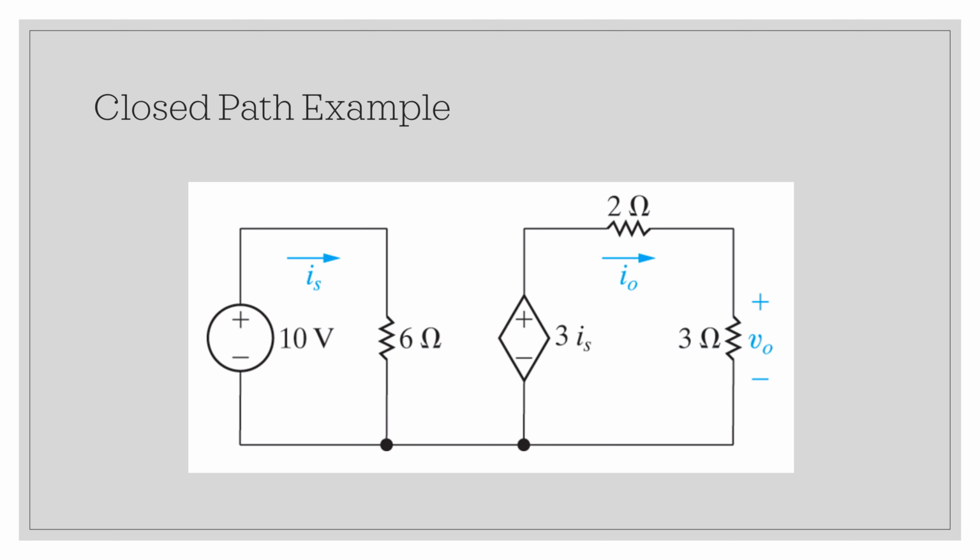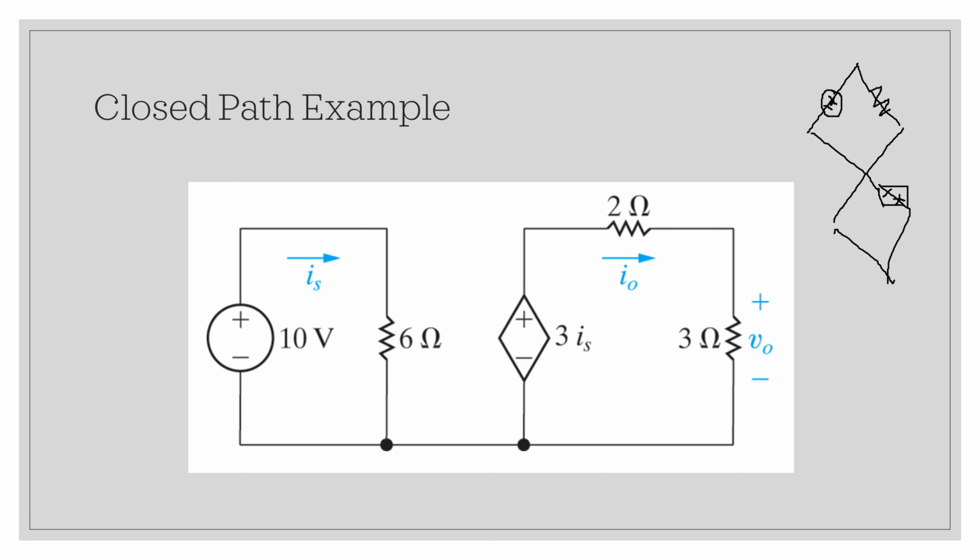Let's use black here, where it would look something like this. So we would have our voltage source here and the 6 ohm resistor here. And on this one we would have our dependent source, so that would be a minus and a plus here.